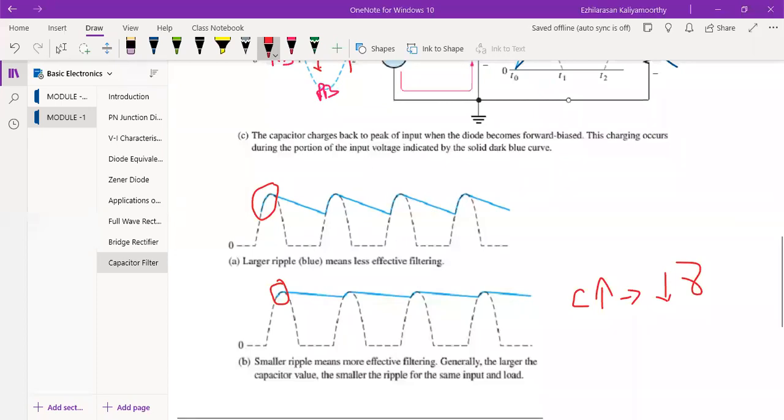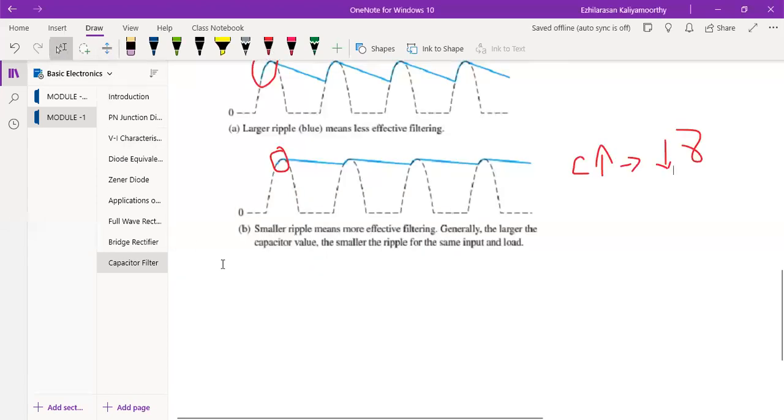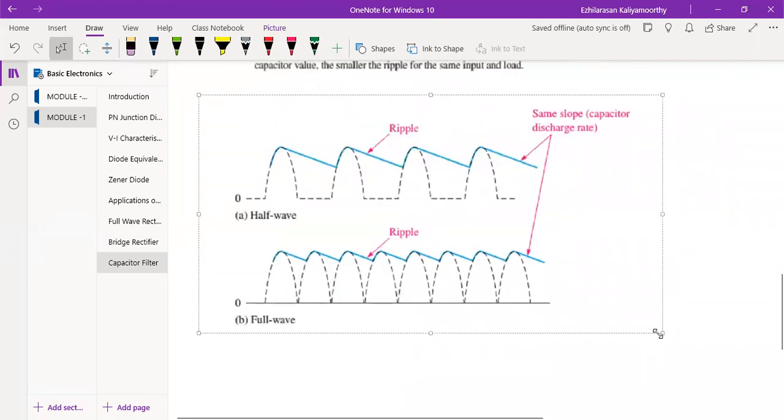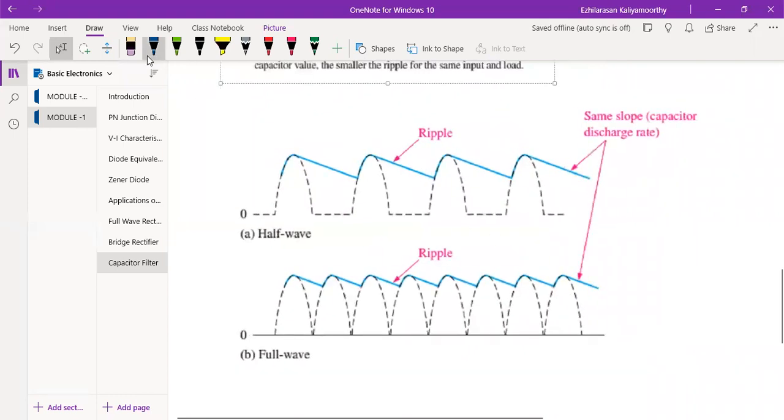So next thing, for half wave and full wave, I will show. See this diagram, we'll get a clear idea now. See now this. So what happened in this? This will be for your half wave rectifier.